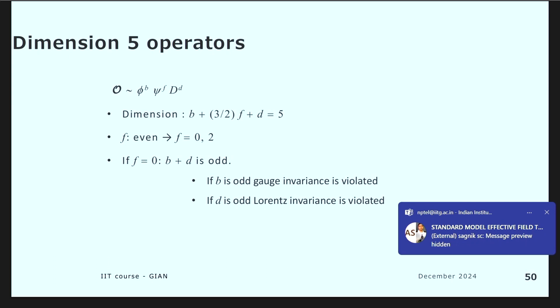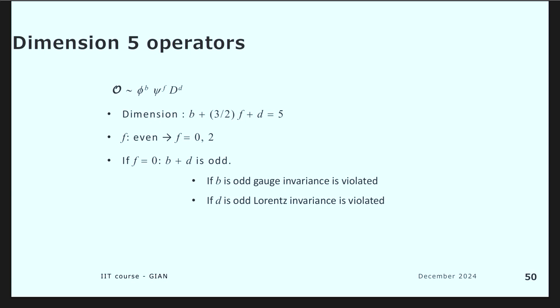Otherwise, you violate Lorentz invariance and angular momentum and all sorts of things. Well, Lorentz invariance, Poincare invariance. And so F must be even. And since B, F, and D are all positive, the only way you can satisfy this relationship with F even is if F is 0 or 2.